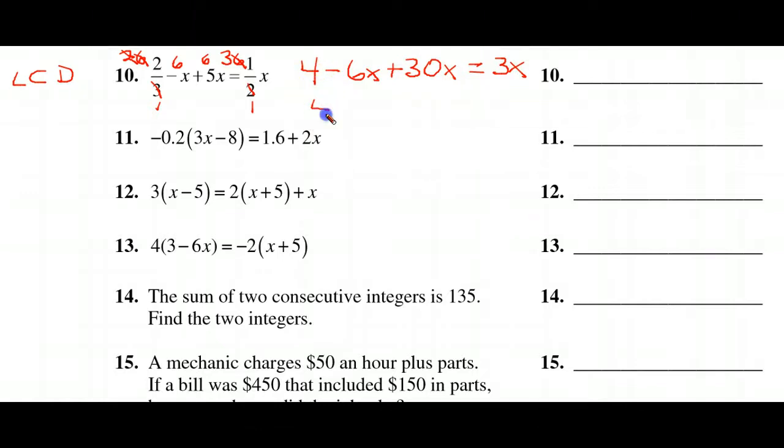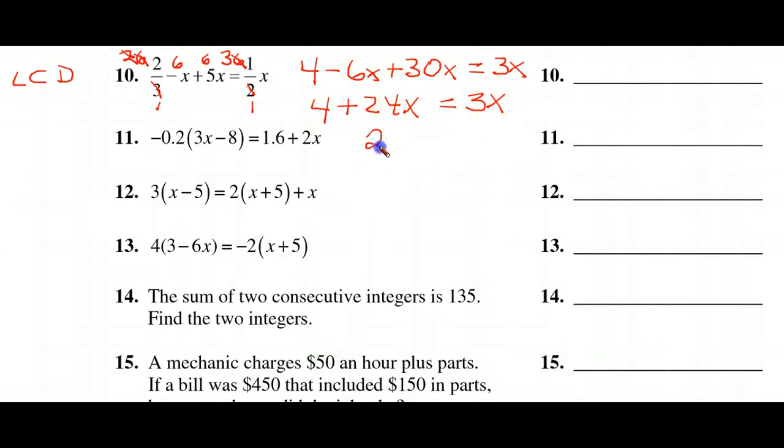Now I have 4, and I'm subtracting 6x from 30x and getting a positive 24x equals 3x. I'm going to bring this over to this side.